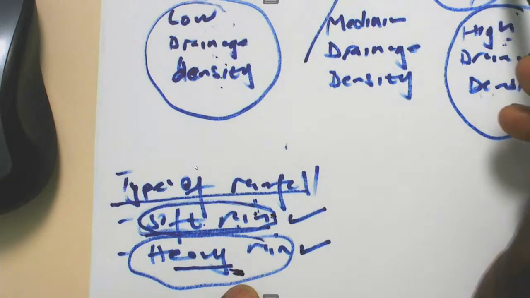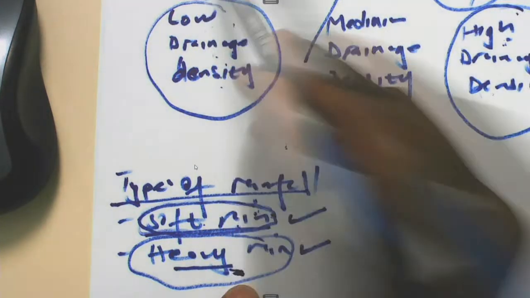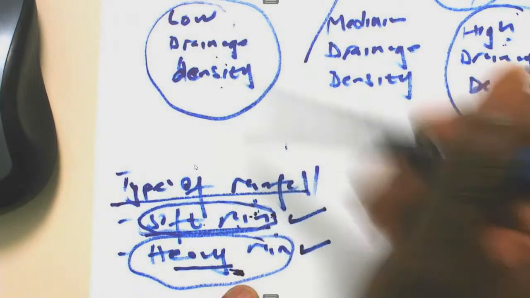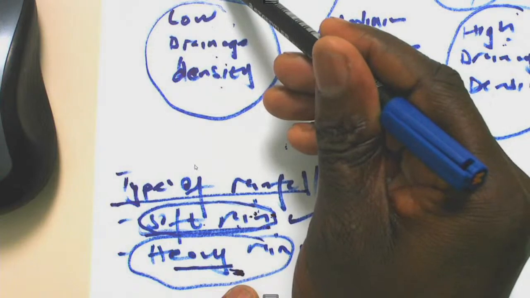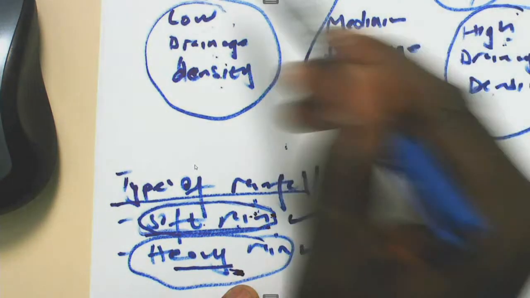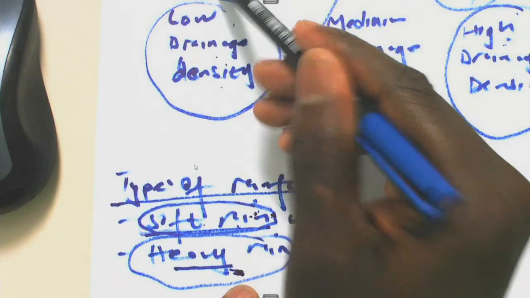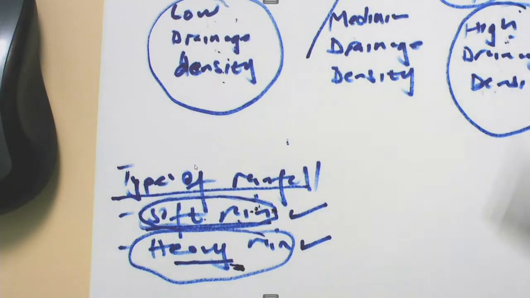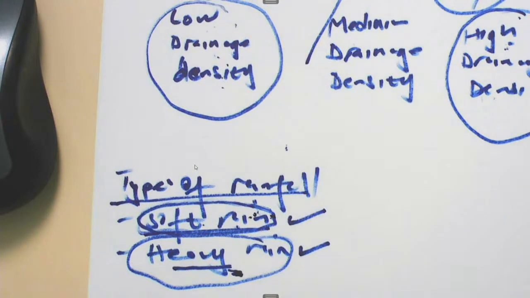So that's why we have more streams here as compared to A. In A, there are fewer streams because of the soft rain, there's more absorption, more infiltration, but less runoff. But over here, there's less infiltration and more surface runoff. I hope learners, grade 12s, you are still following me there.